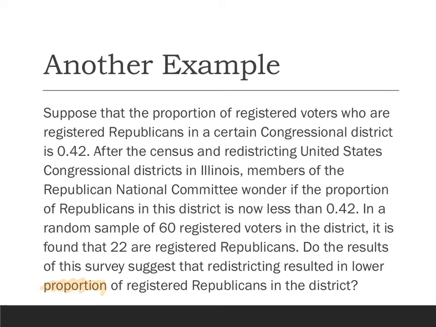The other thing is that we know what it should have been. Here's what it was. We want to know, is it now less than that value? So there are our hypotheses, the null and alternative hypothesis, and then we have our data. All right, so let's take a look.